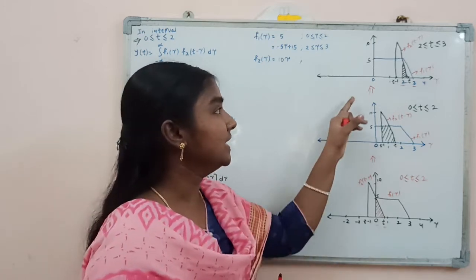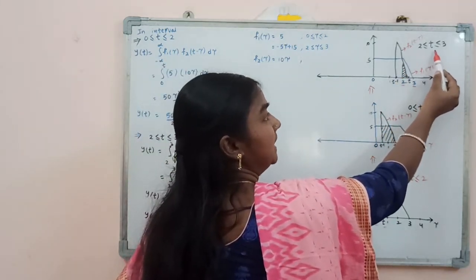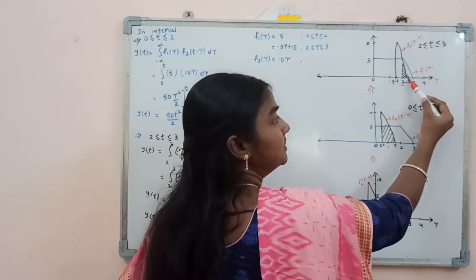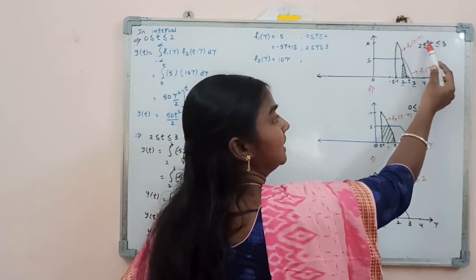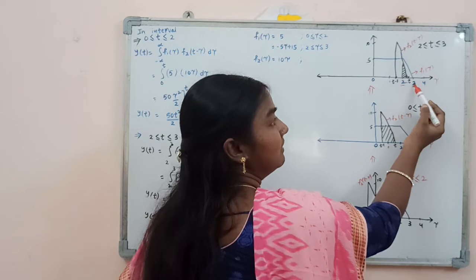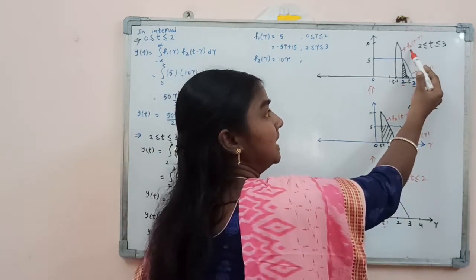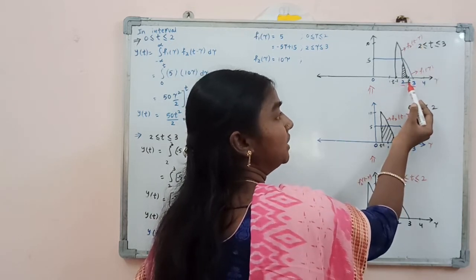Coming to the other interval, from time instance 2 less than or equal to t less than or equal to 3, this is the overlapping period we may observe between the two signals f1 of tau and f2 of t minus tau. Commonly the integration limits we may find as from 2 to 3. The second signal f2 of t minus tau has a length of only 1 unit.